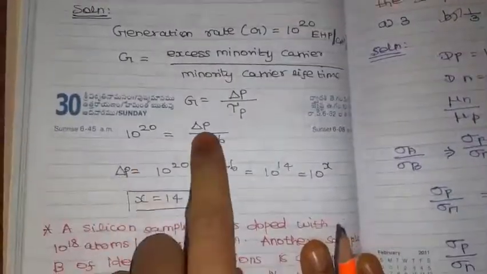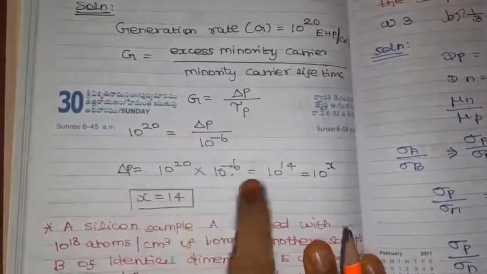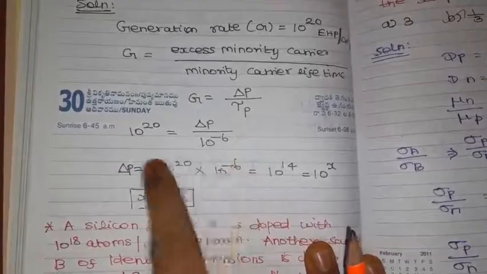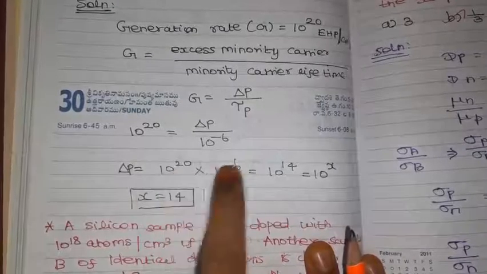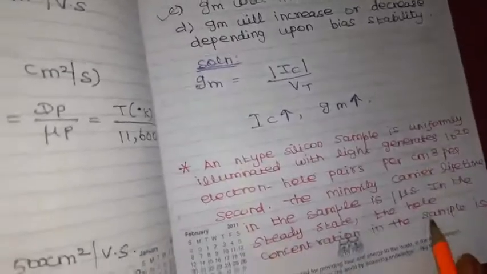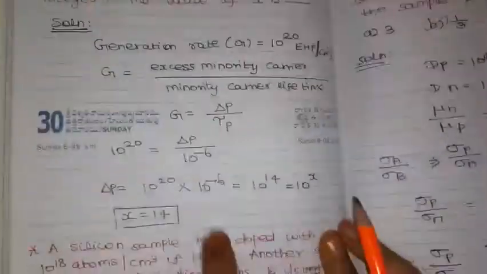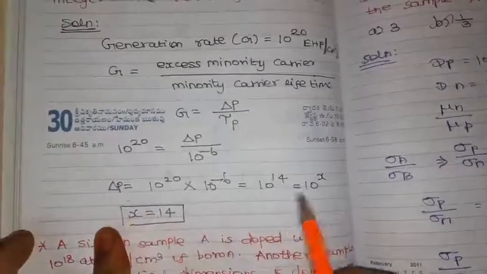So del P, the excess minority carrier concentration, is 10 power 20 into 10 power minus 6, that is 10 power 14. So actually what is 10 power x? The hole concentration. This is the excess minority carrier concentration, given as 10 power x. Del P value is also given as 10 power x.